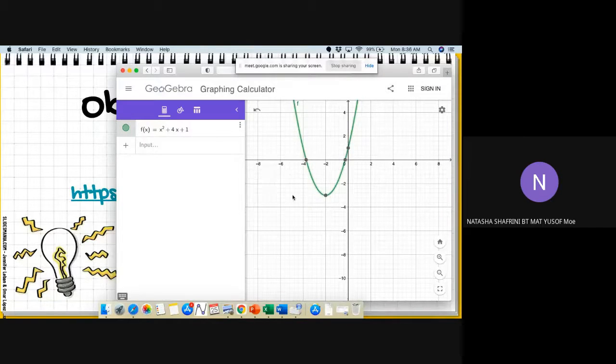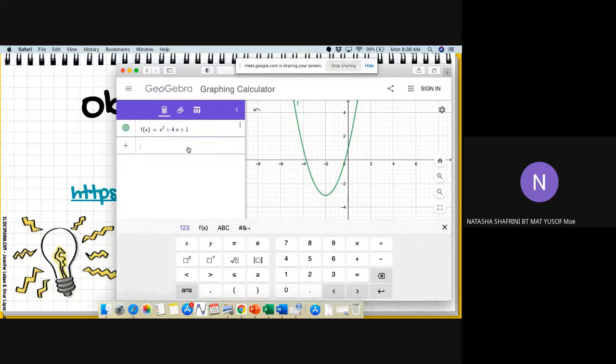Okay, now second expression, x square minus 1. Tengok dia punya bentuk graph. Sama juga, symmetry.